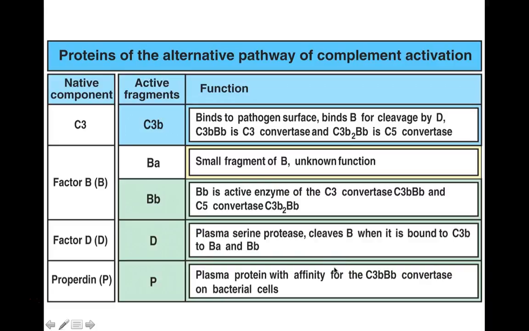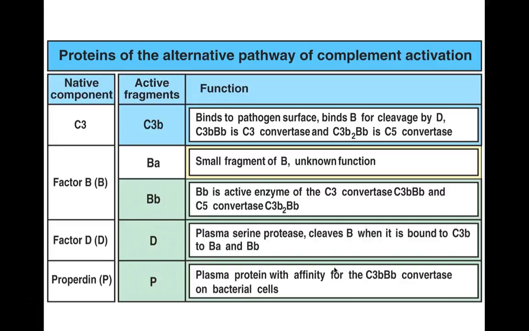The complement pathway components include C3, factor B, factor D, and properdin. C3 cleaves into C3b and C3a.